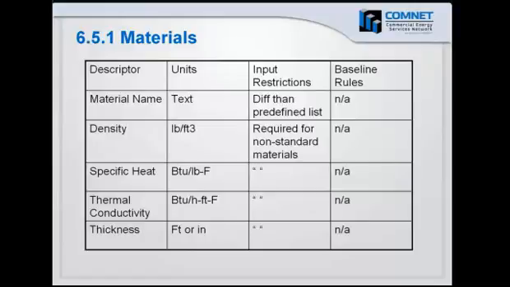For the materials, we have the material name, which has to be different than the predefined list of materials. We have density, specific heat, thermal conductivity, and thickness. And the restriction on the input for your proposed is simply that it's required. It's a required input if you identify a non-standard material.